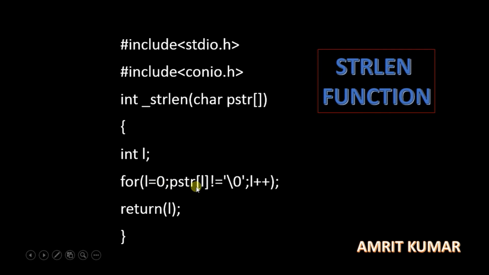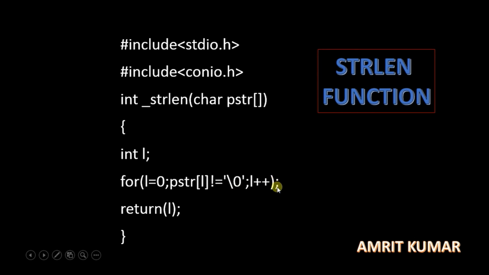I have initialized my value, checked the condition, and also the increment operator, because a for loop is used for initializing the variable, condition checking, and then increment or decrement. So L starts from 0 and increments until it finds the null character, and when it gets the null character, the loop terminates.